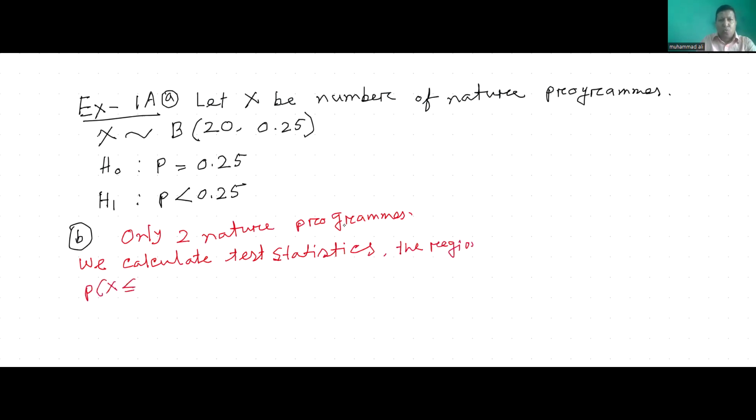Why? Because there are 2 nature programs, that's why probability of X less than or equal to 2.